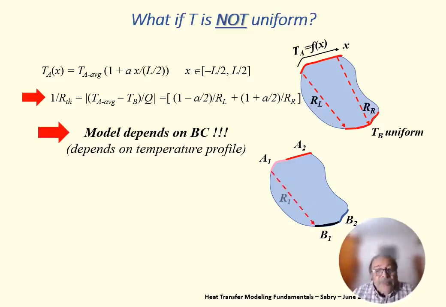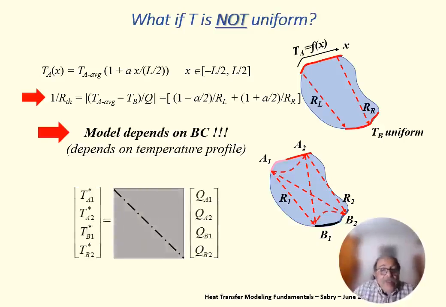Hence we will have first a resistance between A1 and B1, called R1, and between A2 and B2, called R2, as well as a resistance between A1 and B2, and A2 and B1, and maybe, why not, between A1 and A2, and B1 and B2, if they are at different temperatures, since then heat may flow from one to the other.